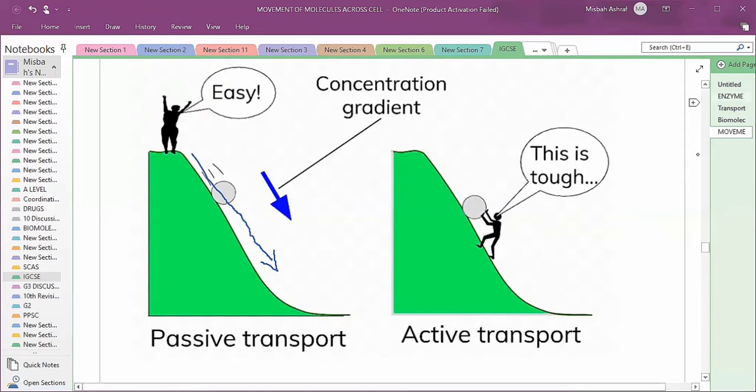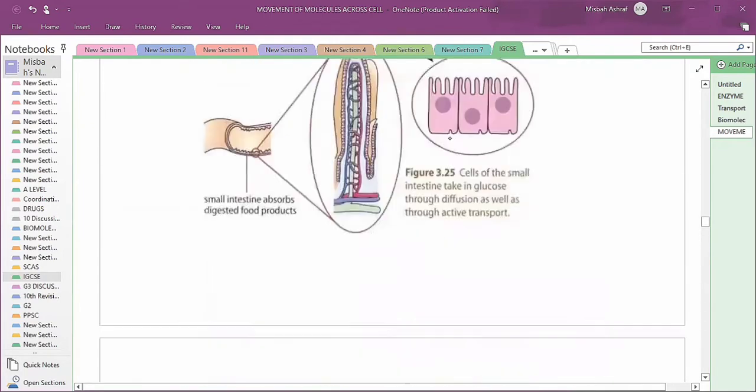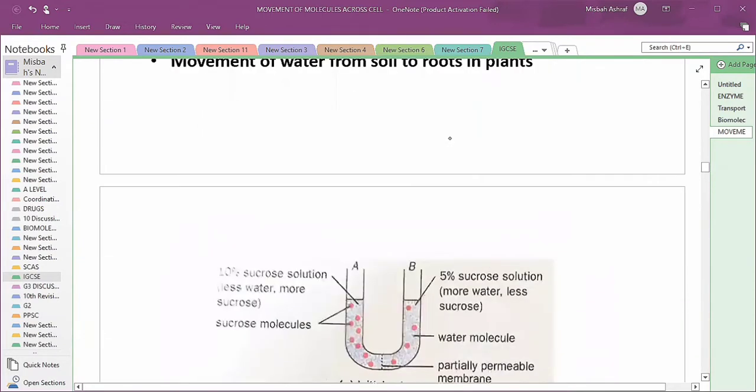When the molecules have to move opposite to their gradient, opposite means from low to high, this side is showing lower concentration and this is the higher concentration. So when the molecules move from low to high concentration, then some energy is used, and that type of transport is known as active transport, where energy is utilized. This is passive, where energy is not used because molecules are moving from high to low, and if the molecules are moving from low to high concentration, then energy is used, and this type of movement is known as active transport. Clear? Yes, Miss.